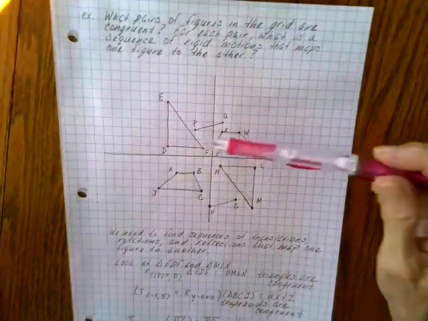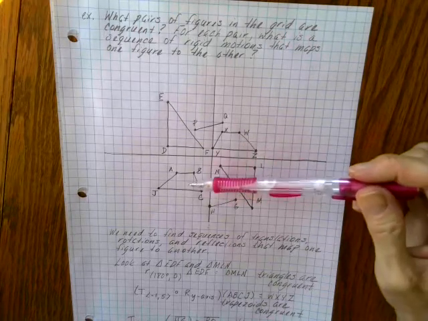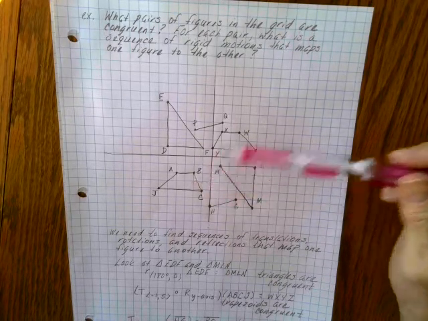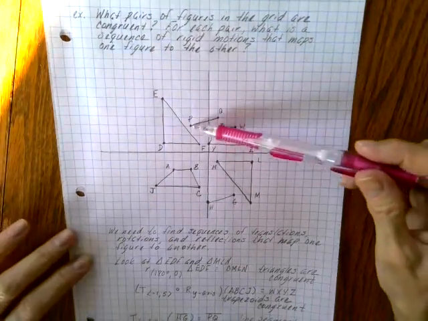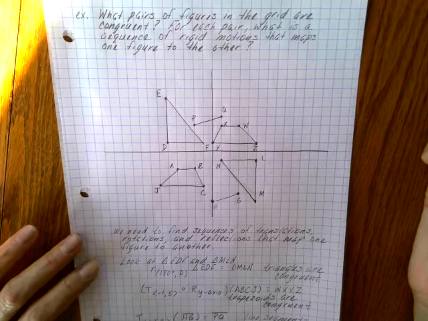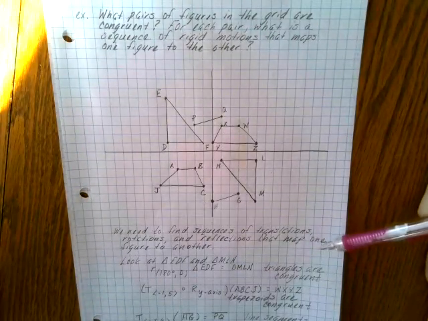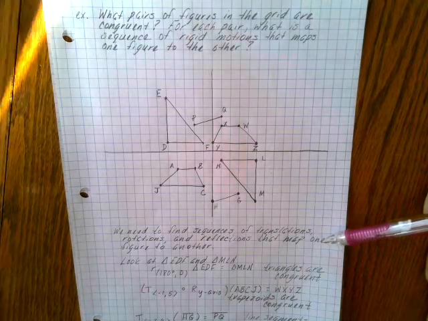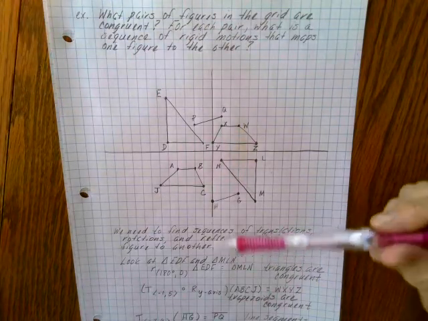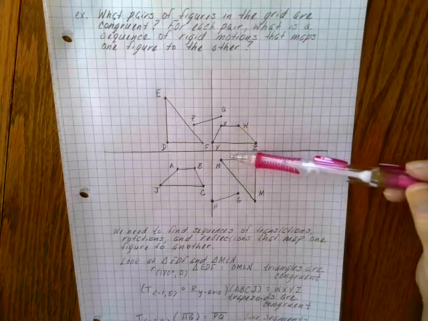Now, this triangle and this triangle look alike. This trapezoid and this trapezoid look alike. So we need to find a sequence of translations, rotations, and reflections that map one figure to another. Let's look at triangle EDF and triangle MLN.